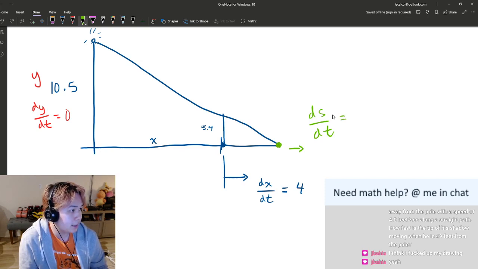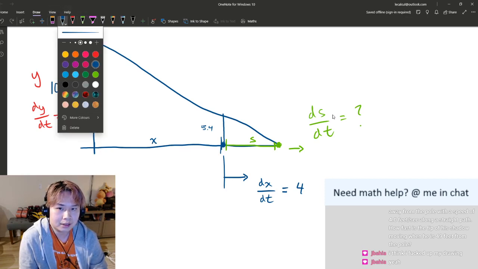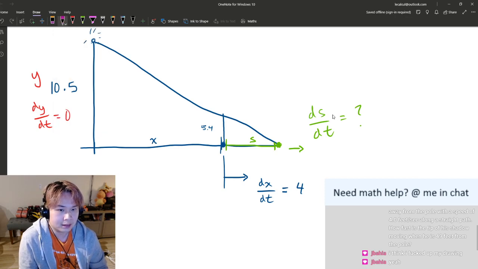This is what we want to find out. And then the variable s represents this distance, the length of the shadow. So this is s. And then we have one more variable, which is the height of the person. And the height of the person does not change, so this is 0.